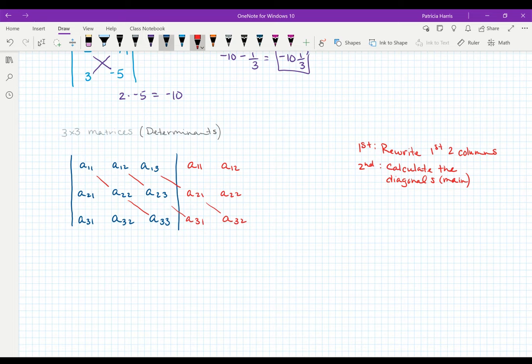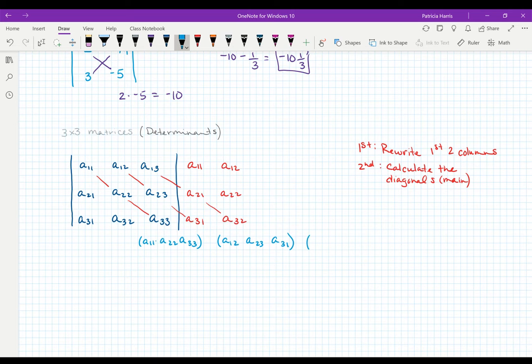So again, this is going to get a little messy. So we're going to multiply A11 times A22 times A33. Then we're going to multiply A12, A23, and A31.